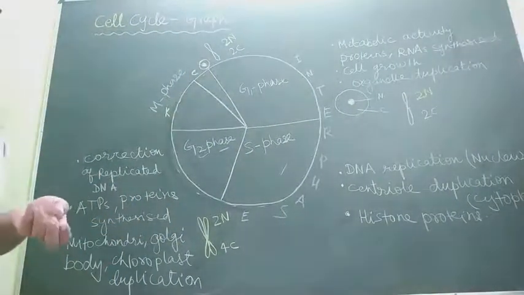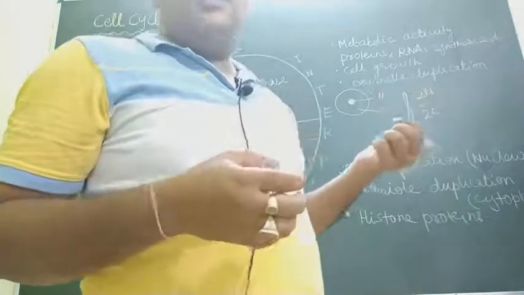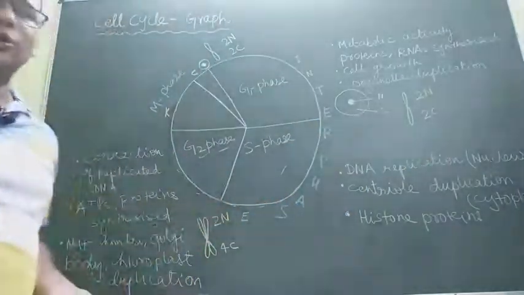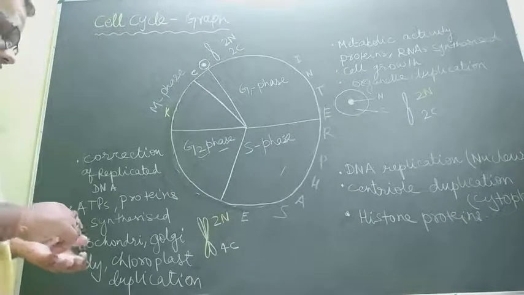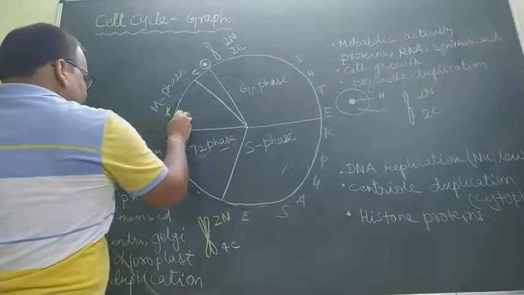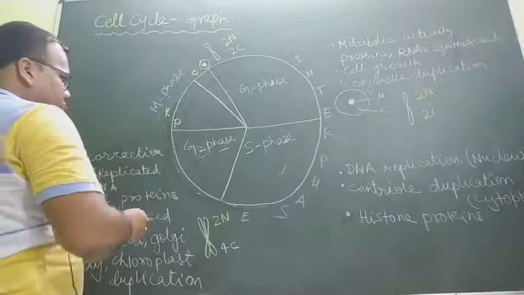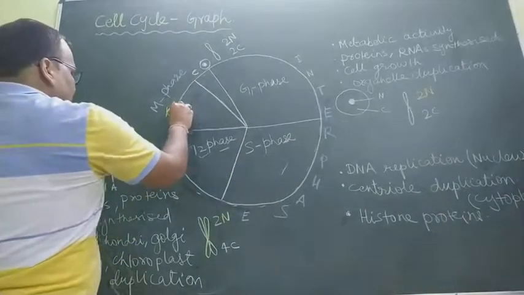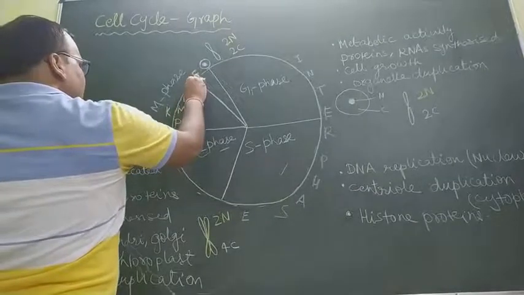The time, the journey of karyokinesis, is also divided into subphases, which are called prophase, metaphase, anaphase and telophase. First of all, the first phase of karyokinesis is prophase, then metaphase, then anaphase, then telophase.